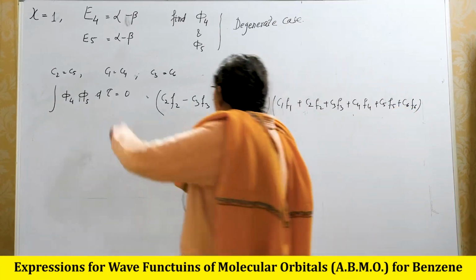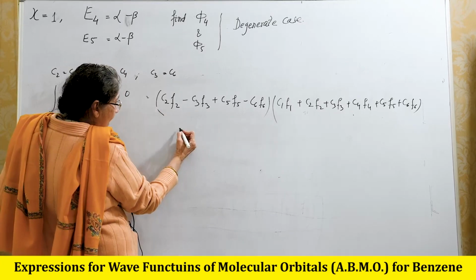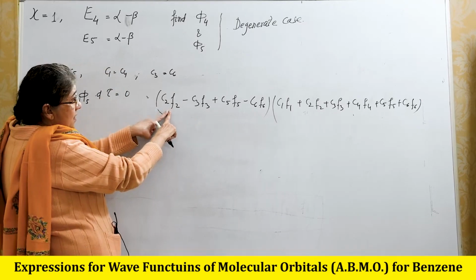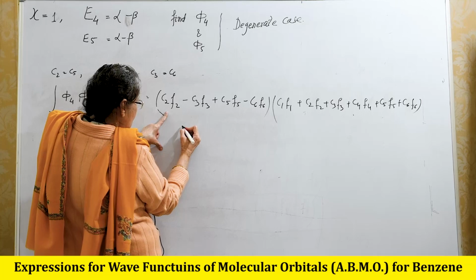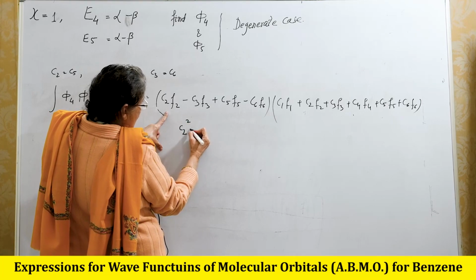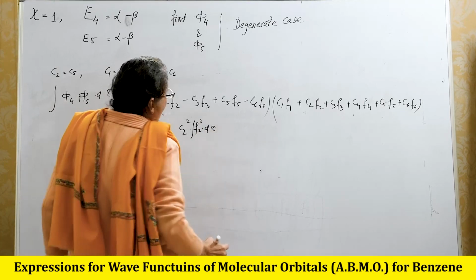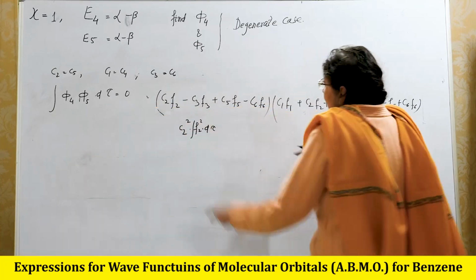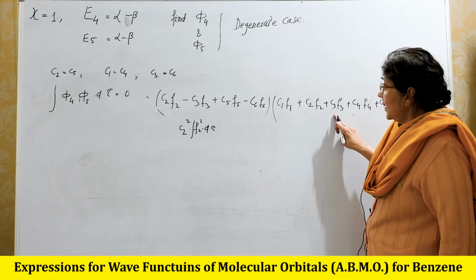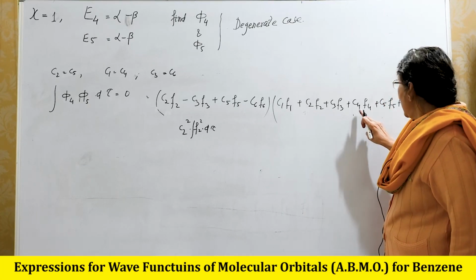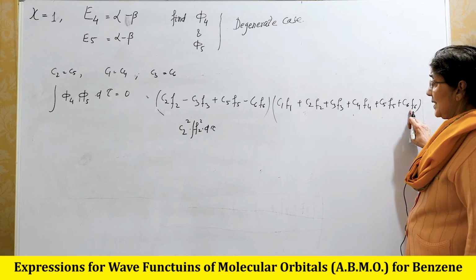Now see this, C2 multiplied by C1 is orthogonal, C2 square F2. So here we get C2 square F2 square d tau, and C2 with C1, C3, C4, C5 and C6 terms are orthogonal.